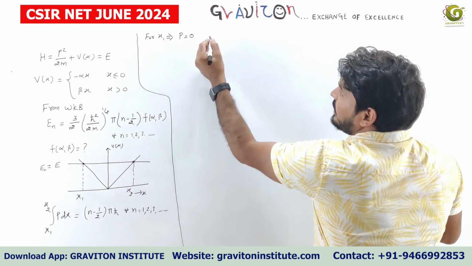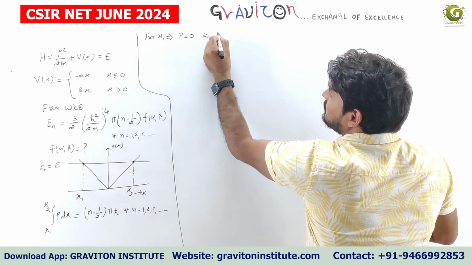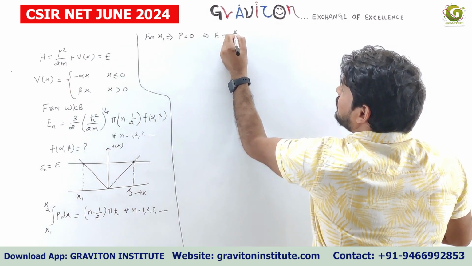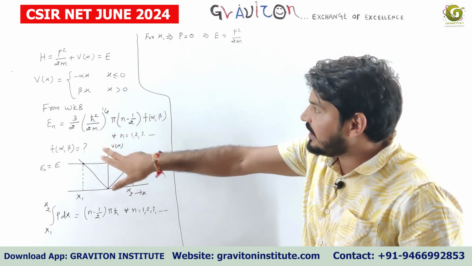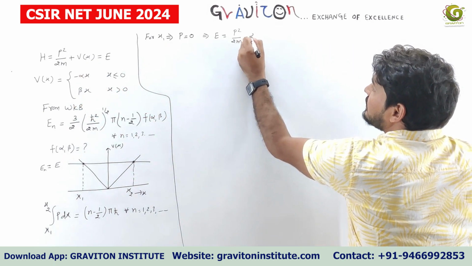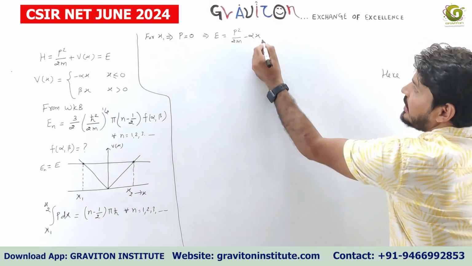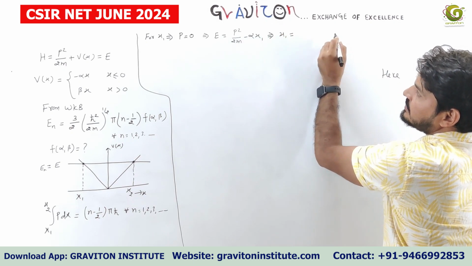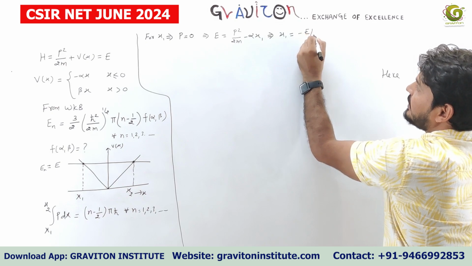The energy E is p squared by 2m plus the potential at x1, which is minus alpha x. When you put p equal to 0, this gives x1 equals minus E by alpha.